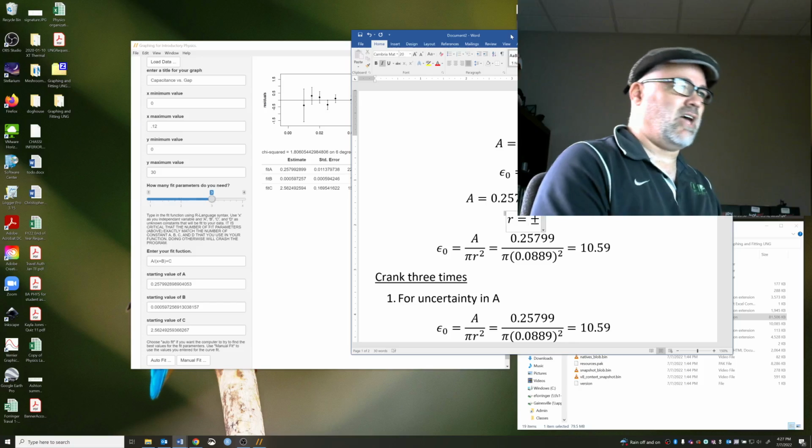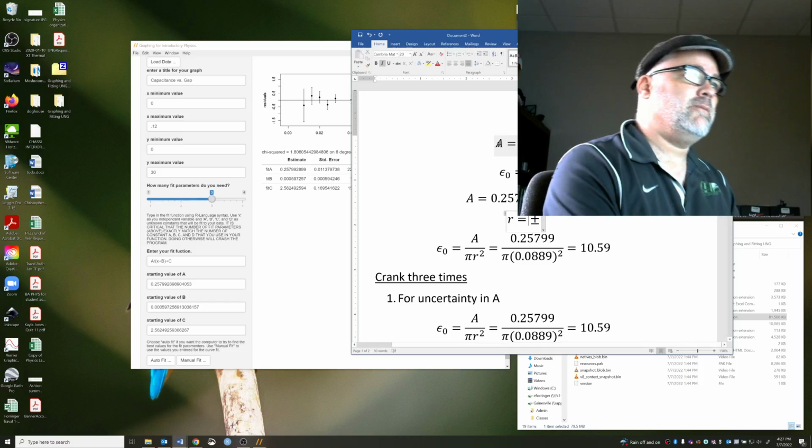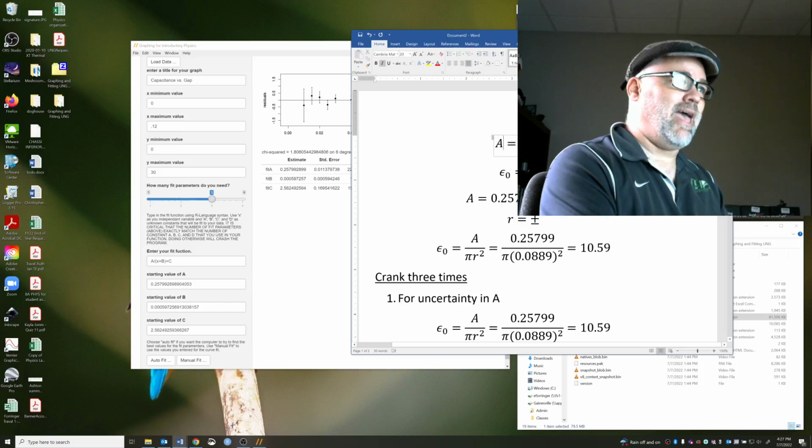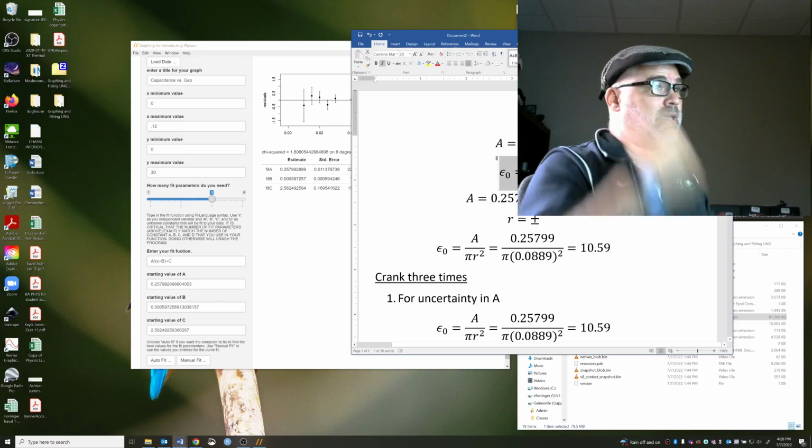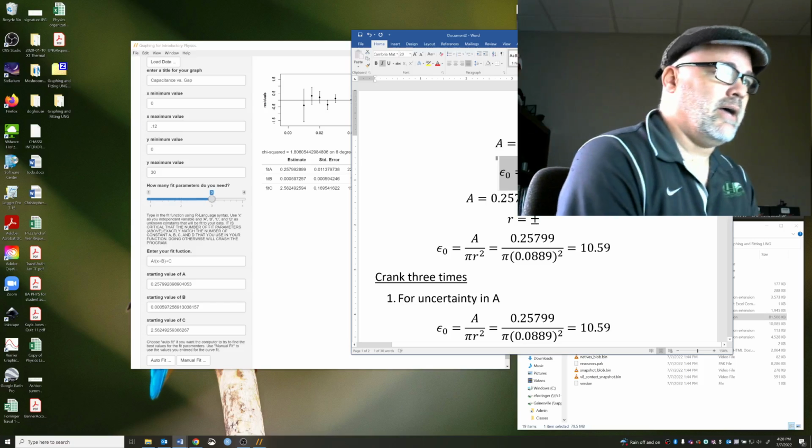Anyway, here's the point. That fit parameter, A, is supposed to equal epsilon 0 times pi times the radius of the plates squared. So what that means is we can use the value of A to find epsilon 0.